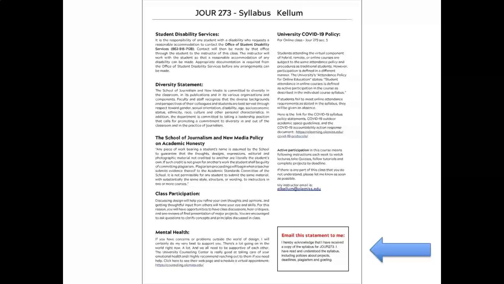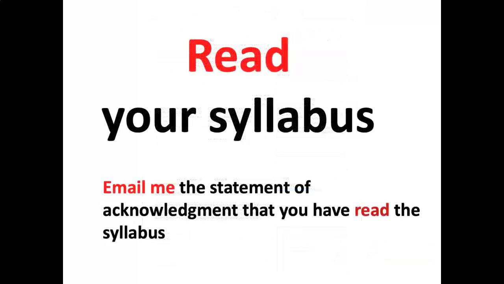And if you will notice in the bottom right-hand corner, you have to email this statement to me. I've already received a couple of these from you very clever people. Copy and paste that into an email telling me that you acknowledge that you have received this syllabus and you understand everything because I've explained it so well. So you must read your syllabus, and I want you to email me that statement that you have read the syllabus.